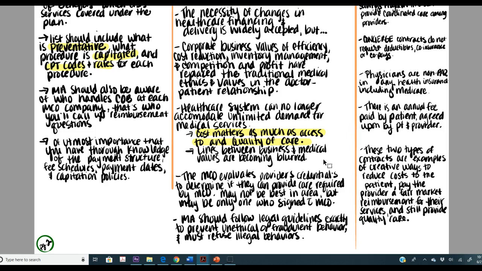So if you have 5 OBGYNs in the area and one certain zip code, the one who signed with the managed care organization may not be the best one. You may have 4 better OBGYNs, and it just so happens that the 5th one was the one who signed, and now that's the one who's in network, and that's the one who everybody who is a member of that network has to go to.